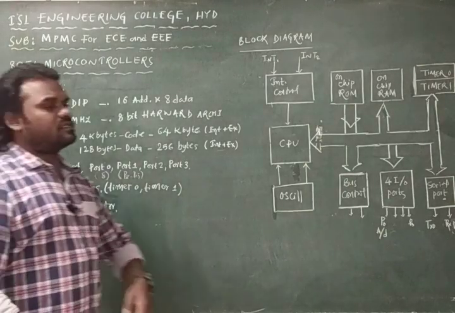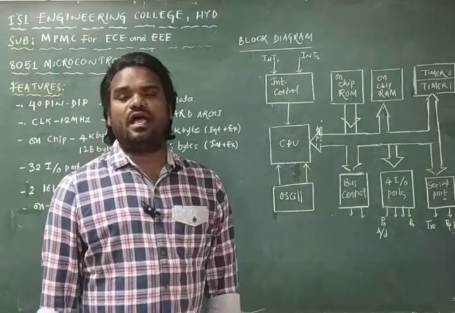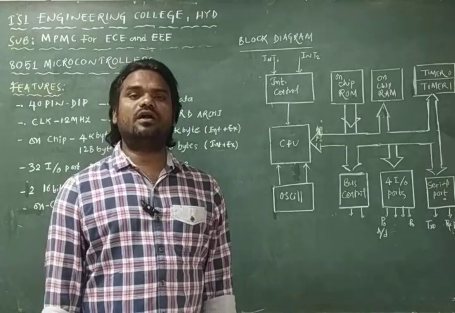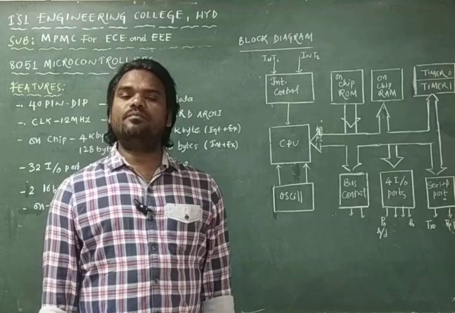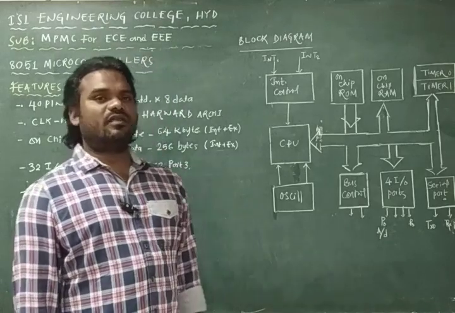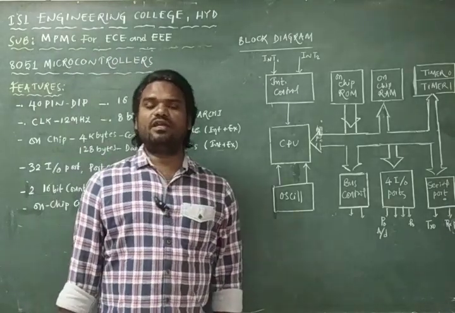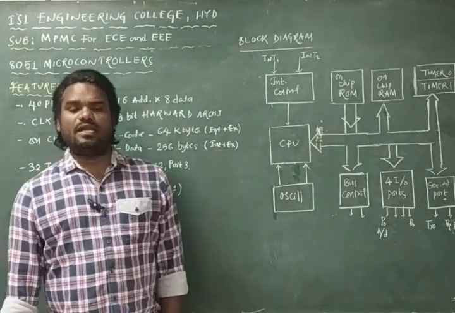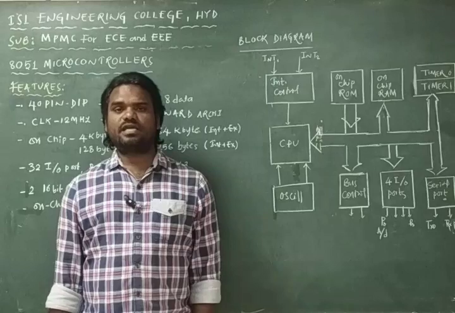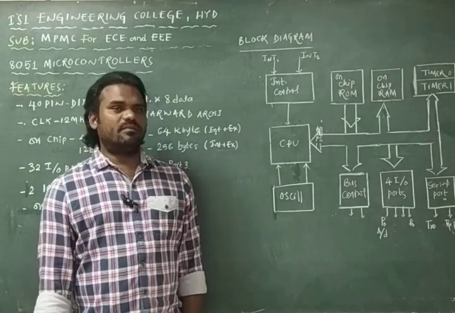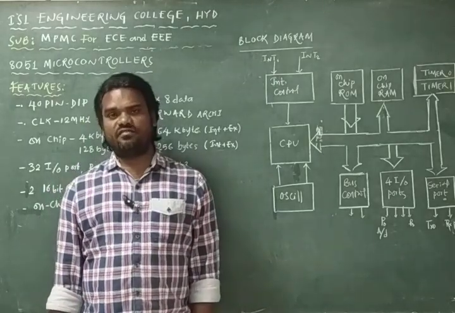So as per the definition I explained in the last class, a microcontroller is nothing but a microcomputer, or a computer on a chip. For a computer, we require the CPU, input output devices, memory, some timers, and some special purpose peripherals.